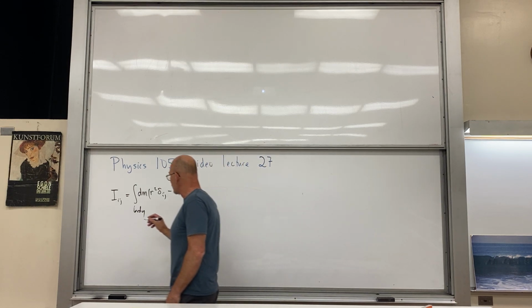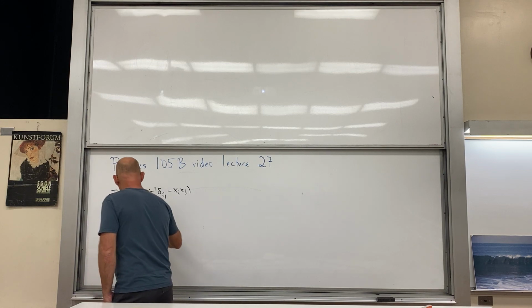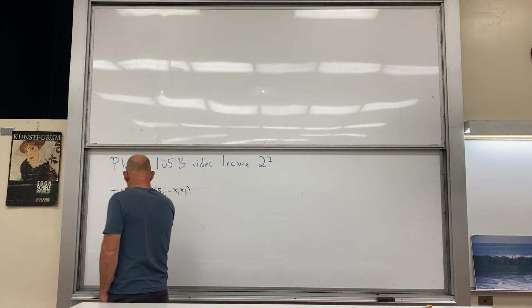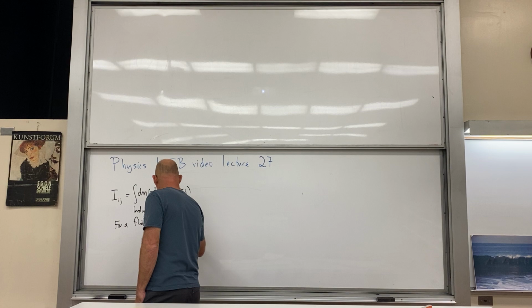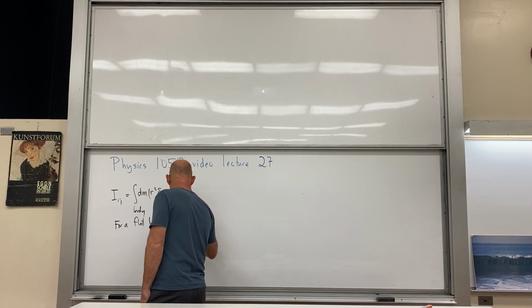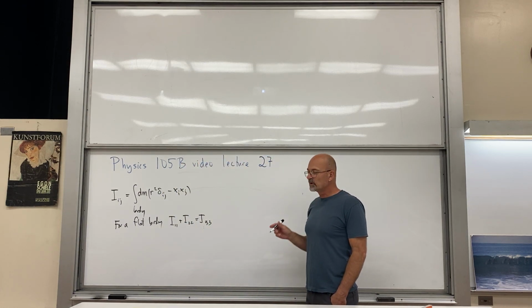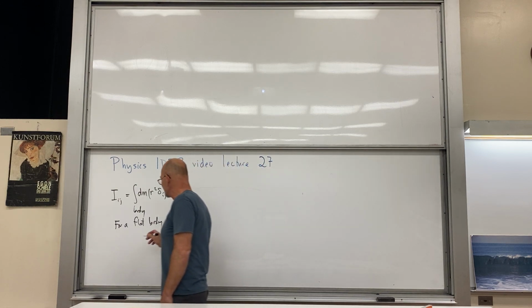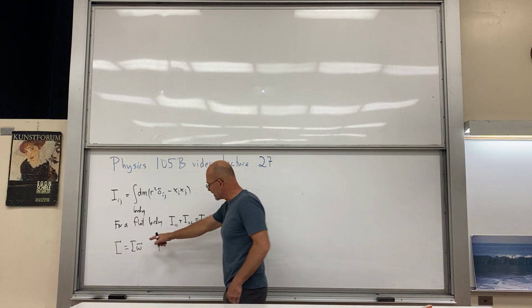So for a flat body, without loss of generality, we'll say I sub 1 1 plus I sub 2 2 equals I sub 3 3. We're going to have a nice example of that. And in terms of the dynamics, we have L equals I omega, so that's the matrix times a vector.